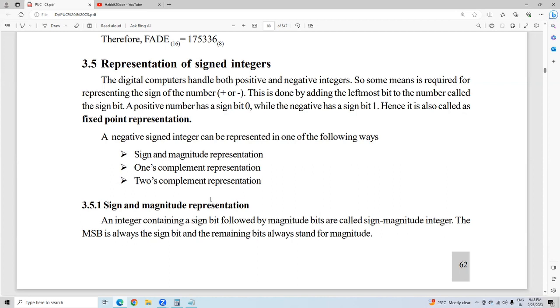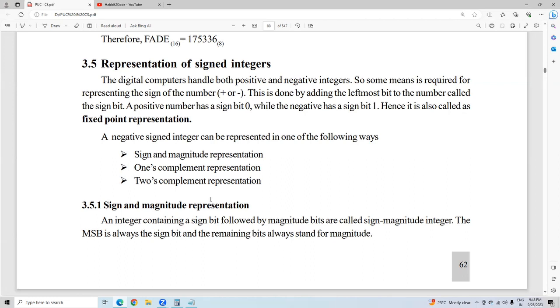The positive number has a sign bit 0, while the negative number has a sign bit 1. Hence, it is also called fixed point representation, right?